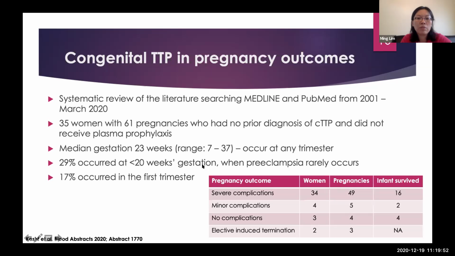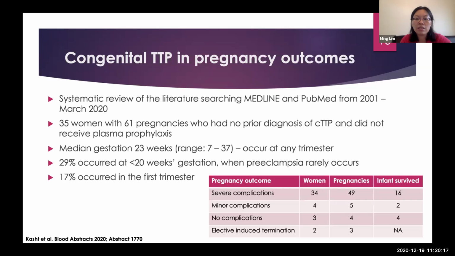And a reminder for some of us that preeclampsia, which is sometimes misdiagnosed or more commonly diagnosed than TTP, rarely occurs before 20 weeks gestation. And about 17% of these patients developed complications of TTP in the first trimester. And when I show you the table here, 34 women out of the 35 had severe complications during their pregnancy.